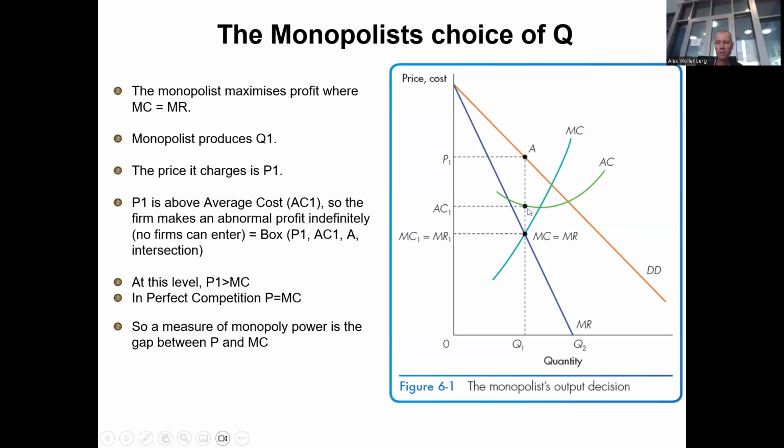The monopolist will simply go straight up on the demand curve to point A and charge the price P1. So this explains why monopolies are expensive, or why when there's a monopoly, we pay high prices. Essentially this relationship here explains it, but it doesn't stop there.